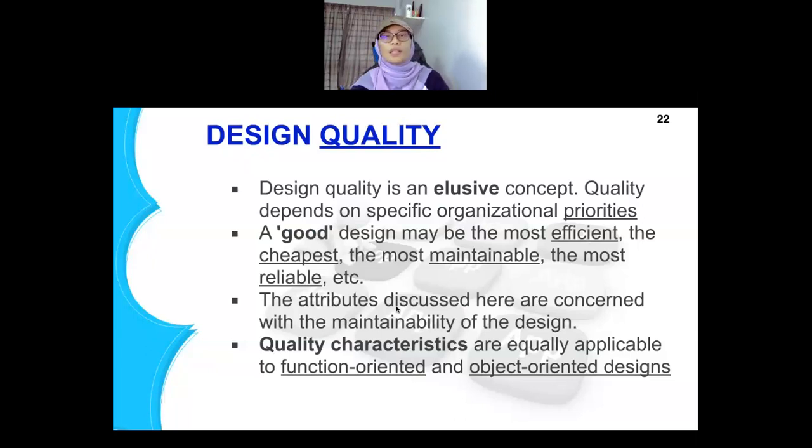Design quality. When we talk about quality, it's the same as the characteristics just now, right? Quality is, of course, good quality. Design quality is an elusive concept, it should be based on what the organization prioritizes. What is the main function? What is the main mission of the organization?